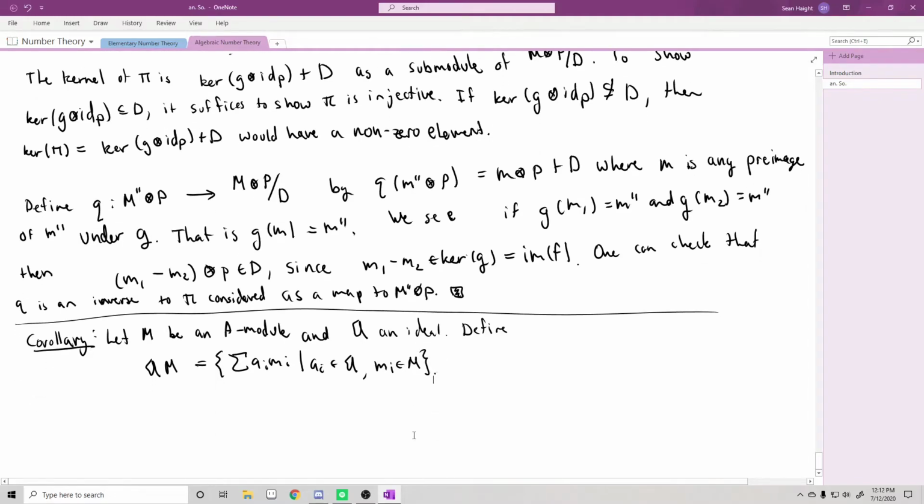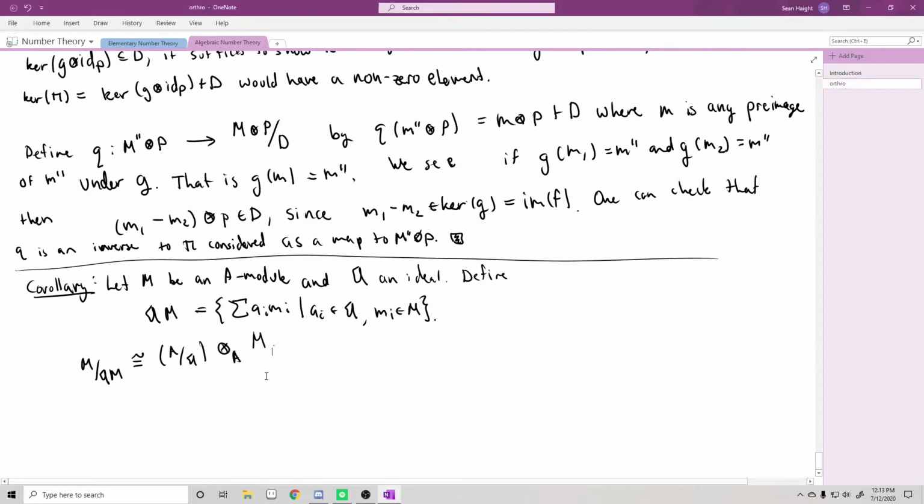And then, if you want to understand this quotient, one way to do this is it's the same as when you take the quotient ring A mod A and you tensor it over A with M. I think it's more helpful for me to think about this the other way around. Understanding what a tensor product actually looks like can be hard generally, and understanding this quotient module tends to be a little bit easier for me.